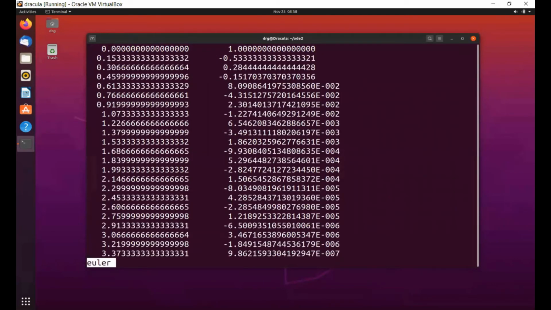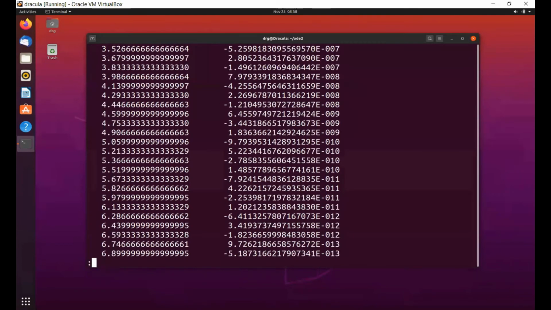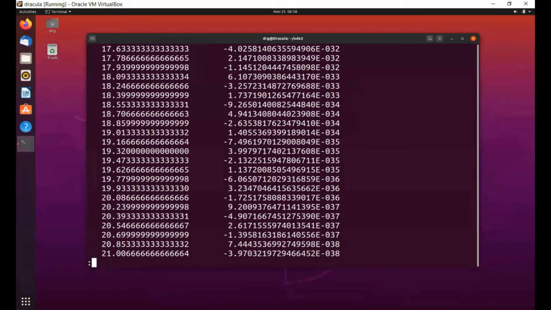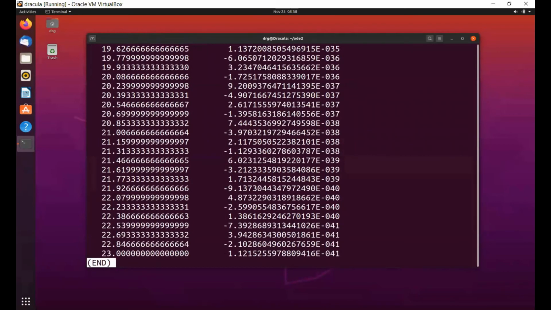And as you can see, by the middle of the first page, the computed solution is of size about 10 to the minus 4. And as you proceed, it becomes smaller. Notice it isn't getting small quite as fast as it did before, but it is getting smaller.